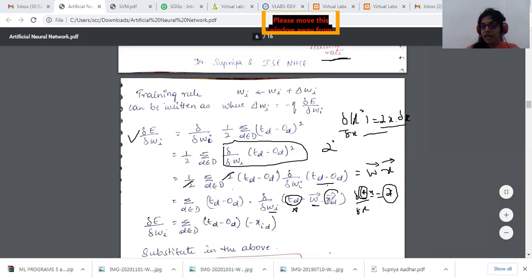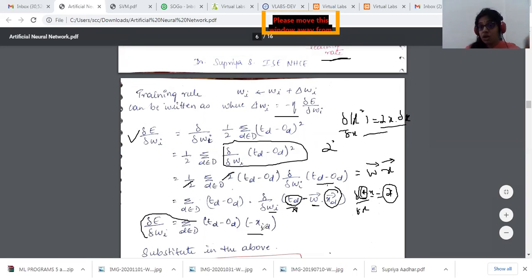So I'm going to take X as minus because there's a minus sign over here. I take the constant value, which was with respect to the weights, and I will finally get this value. Now I'll substitute this value in this equation. So delta Wi is equal to minus of learning rate into TD minus OD into Xi. This was the same perceptron training rule that we took up.